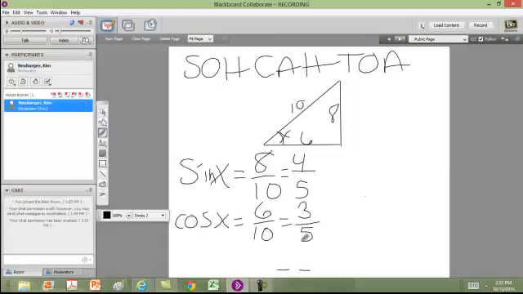And the last ratio we have is tangent. If we're looking at tangent of x, we want to look at TOA. So tangent is opposite over adjacent. The opposite of x is 8, and the adjacent is 6. So this is going to be 8 over 6, which again we can reduce to 4/3.